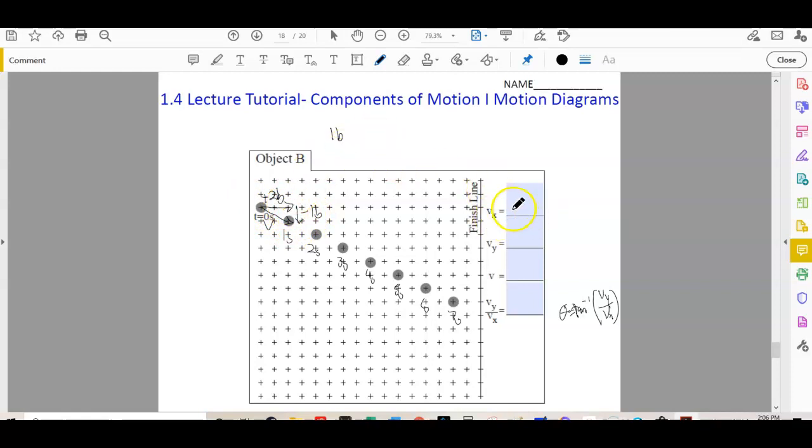I feel weird putting in blocks. Let's just call each of these blocks 1 meter, so let's call this distance from here to here 1 meter. In that first second, it moved to the right and simultaneously moved 1 meter down.